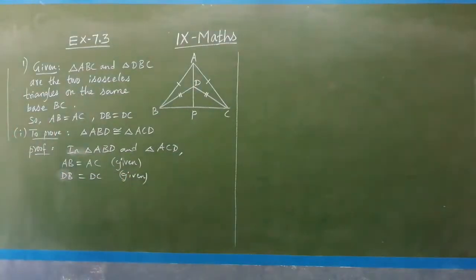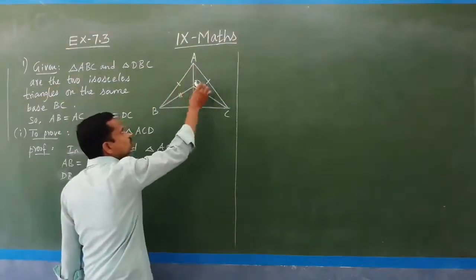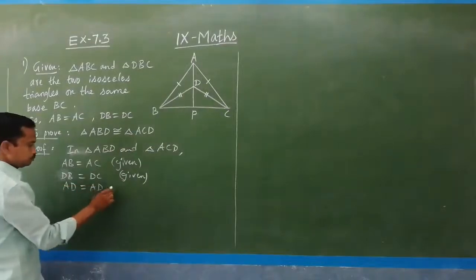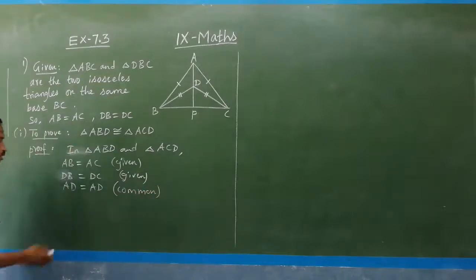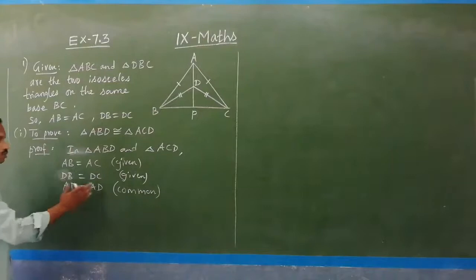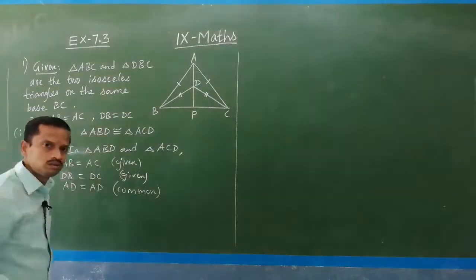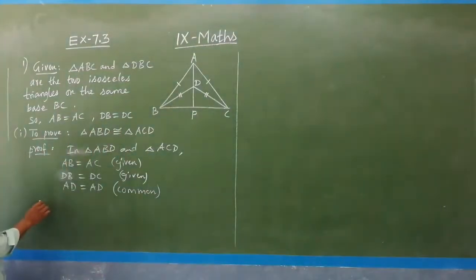And one more thing, the side AD is common for both triangles, so AD equal to AD, common side. Now 3 sides of one triangle are equal to the 3 sides of another triangle, so we can easily say the 2 triangles are congruent.